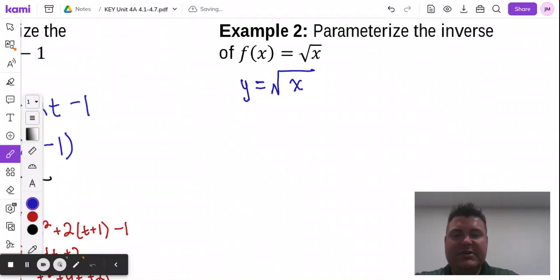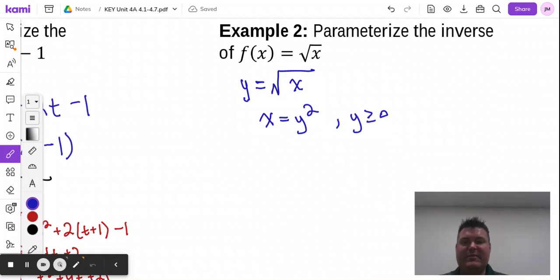If I want to solve for the inverse, I'm going to solve for x, square both sides. So you're going to get x equals y squared. And this is only true when y is bigger than or equal to 0, because this has a domain restriction, the inverse also has a restriction as well.